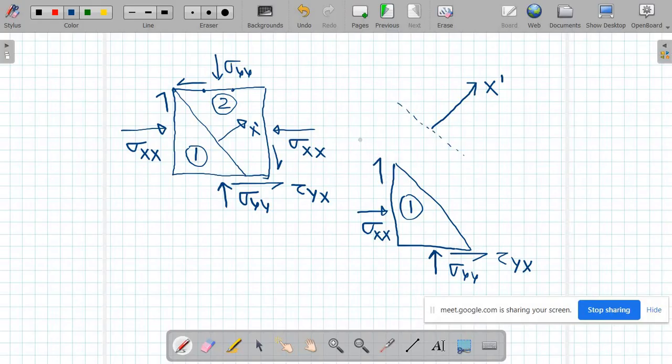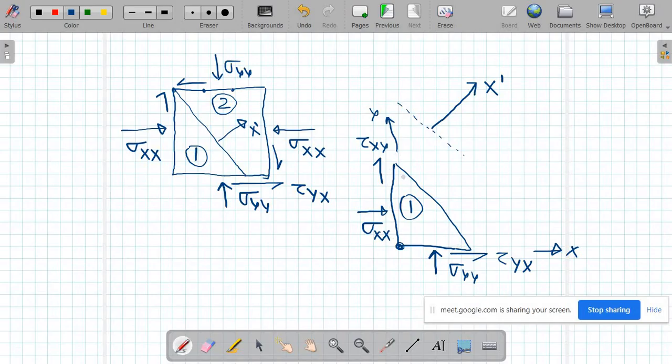Here we are considering shear yx equal to shear xy, and both are positive. It is moving from this point, this is the 0 0 axis. If it is moving in a positive x direction, if it is moving in a positive y direction, then we will consider it positive. Okay.